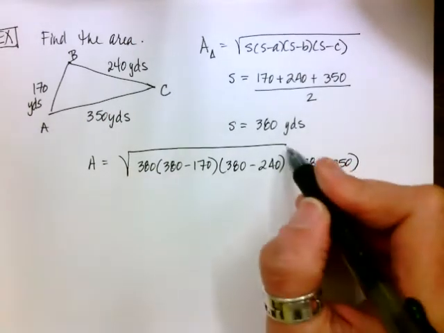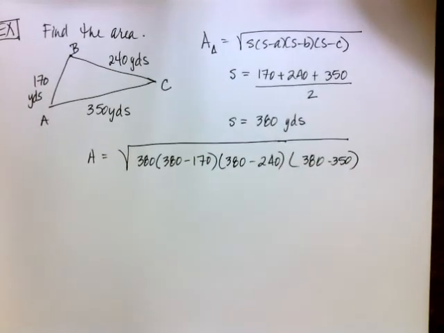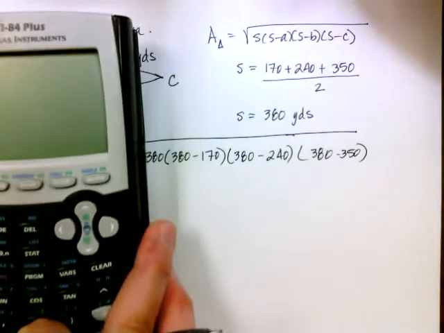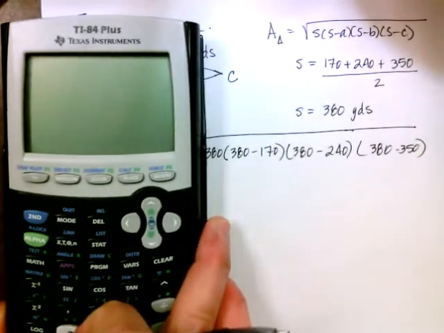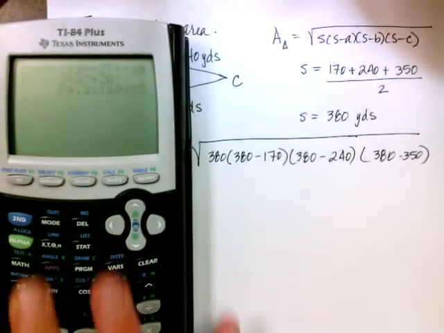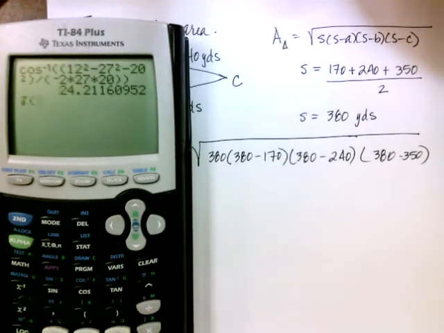Now I don't do any of this little math by hand. I do it all in my calculator. So let me show you how I would do that. If I can scoot stuff over a little bit. Okay. So the first thing I'm going to do is the square root, and I'm going to do 380 times 380 minus 170 times 380 minus 240 times 380 minus 350, close, close.